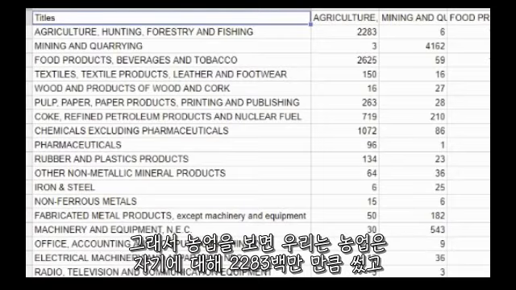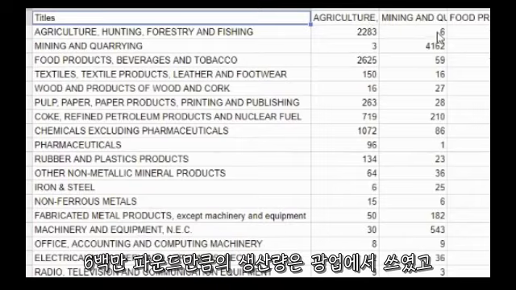So if we take agriculture, forestry and fishing, we can see that 2,283 million pounds worth of it were used by the agriculture, forestry and fishing industry. Another 6 million pounds worth of the output of agriculture, hunting, forestry and fishing was used in the mining and quarrying industry.